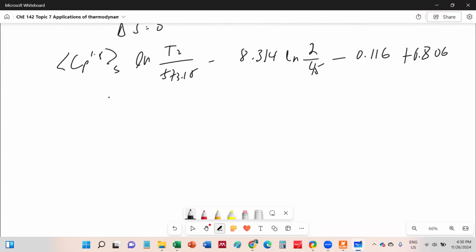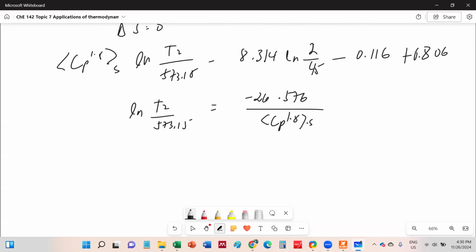Now we simplify the right-hand side of the equation and transfer CP to the other side. So let's do that. ln T2 over 573.15 is equal to negative 26 over CPIGS.